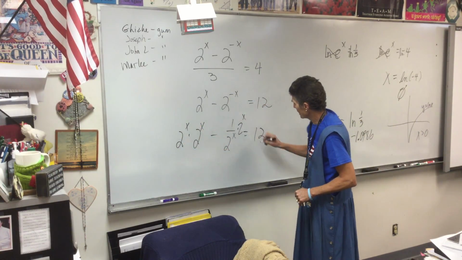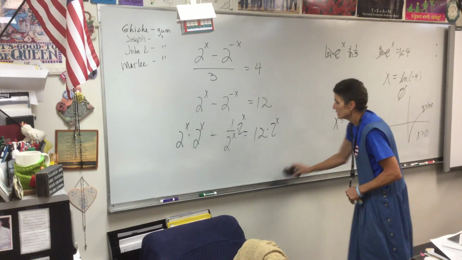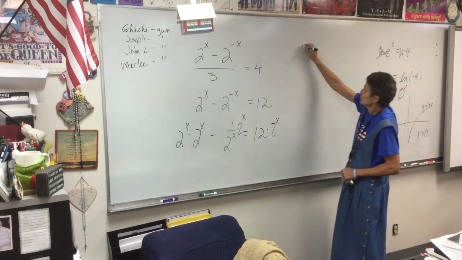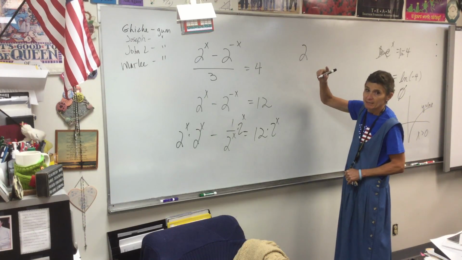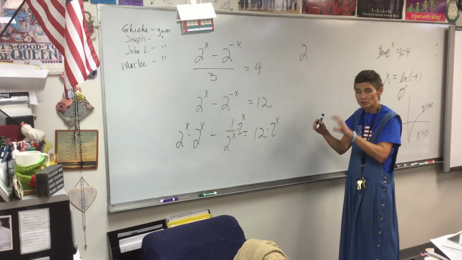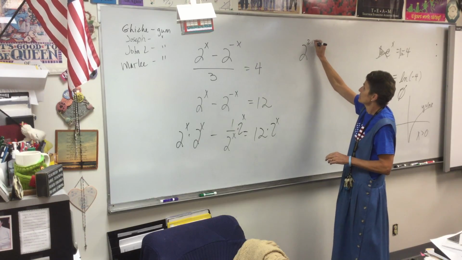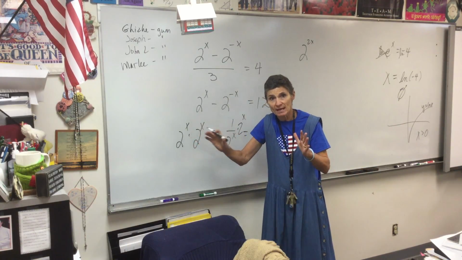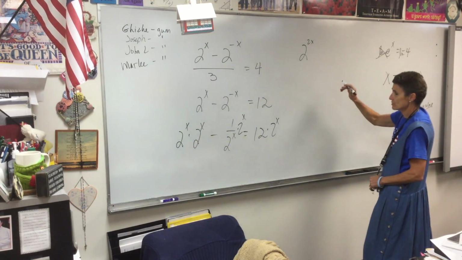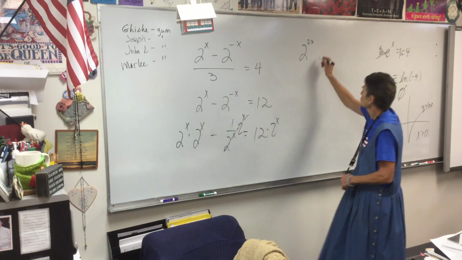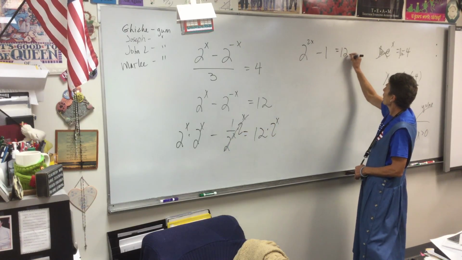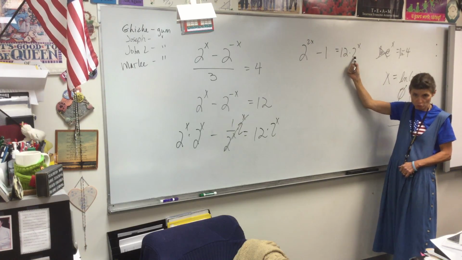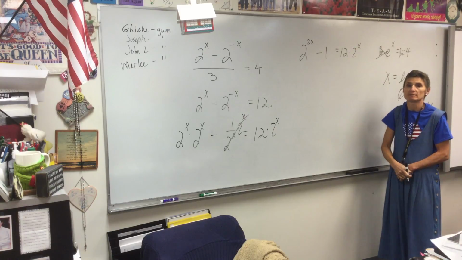So I'm going to end up with 2 to the x times 2 to the x. That's 2 to the 2x. Remember, you add the exponents, so x plus x, 2x. So I have 2 to the 2x minus 1 equals 12 times 2 to the x. Do not multiply those together. That's 12 times 2 to the x.